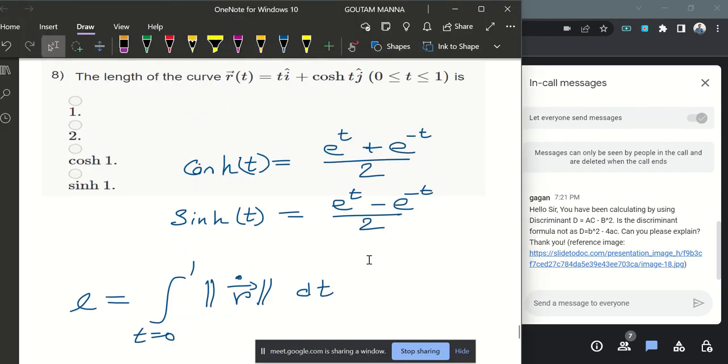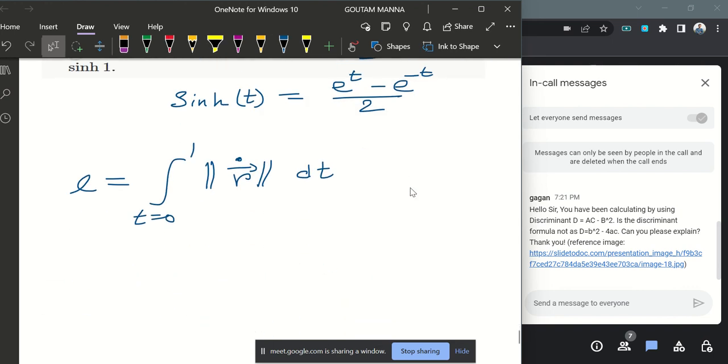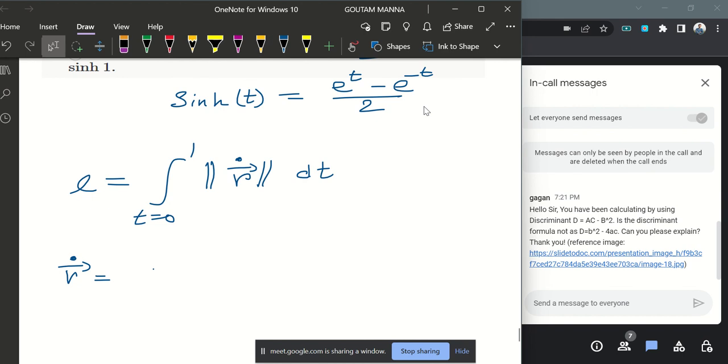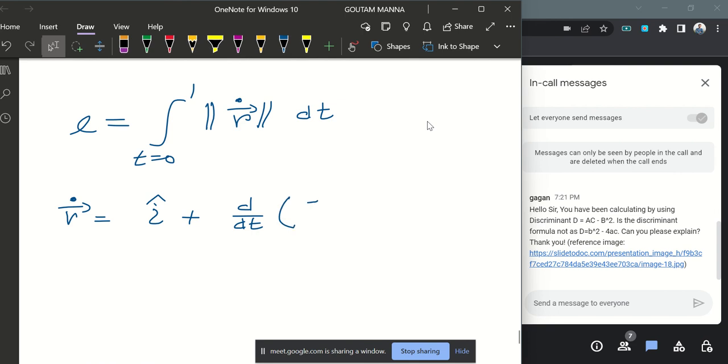So let's find out this r dot. So r dot is dr/dt, that is, i hat plus d/dt of cosh t, which is (e^t + e^(-t))/2, times j hat.